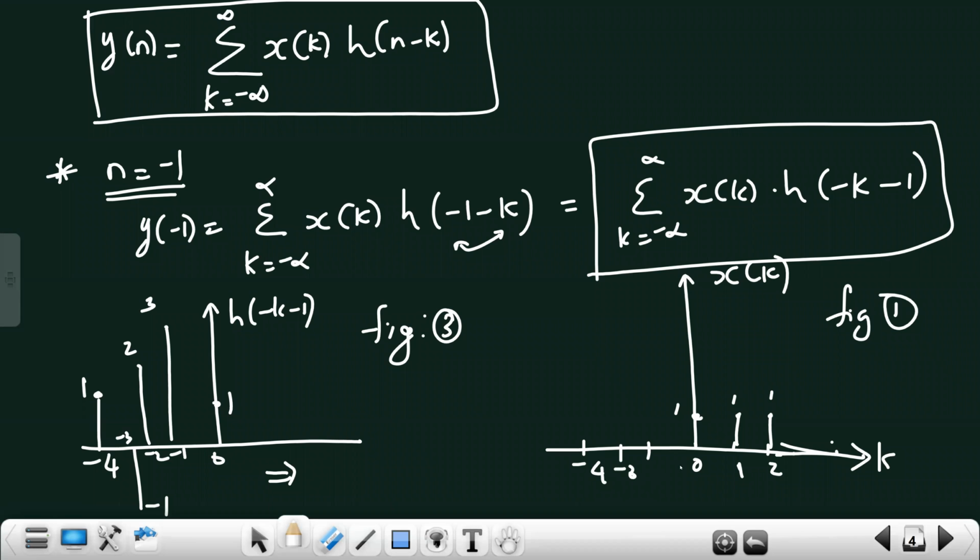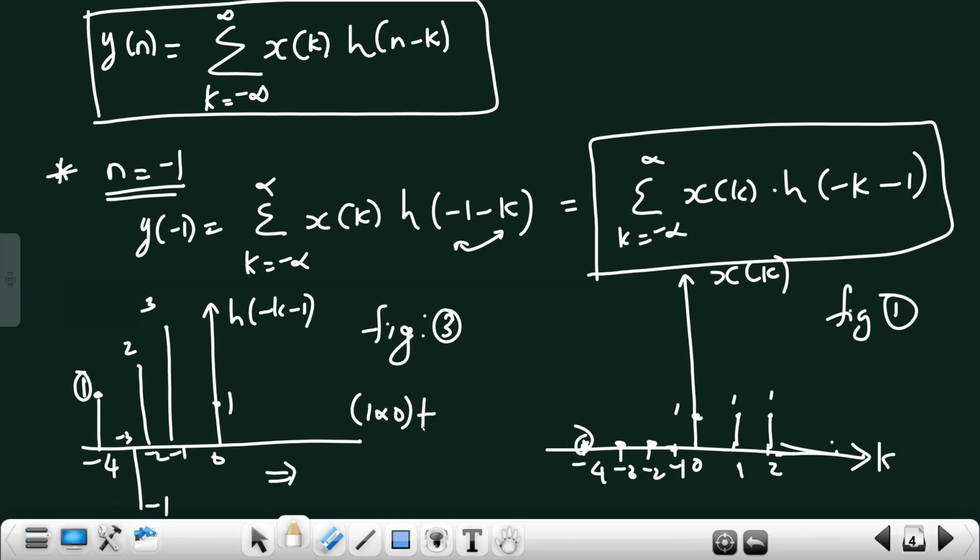No, that is, it is 0, isn't it? So at -4 you are having 0 here. At the same time you are having 1 over here. So it will be 1 into 0 plus. Why you are putting plus? Because you need to sum from -infinity to infinity, means the left extreme till the right extreme.